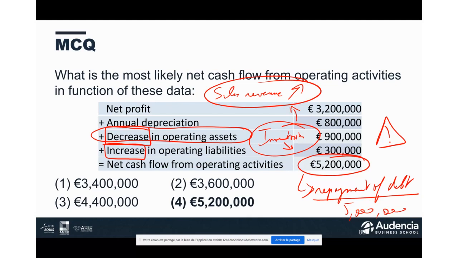So in a situation with an increase of the sales revenue, normally you increase your operating assets, you increase your operating liabilities. In a situation with a decrease in sales revenue, normally you decrease your operating assets, you decrease your operating liabilities. In all the cases, the direction of the two should be the same. So it's not normal to have a different situation for the operating assets, operating liabilities.